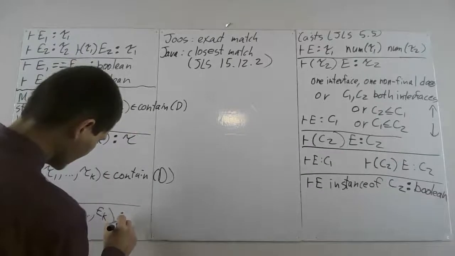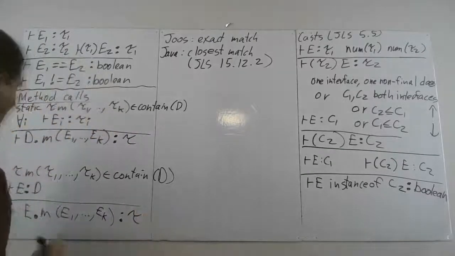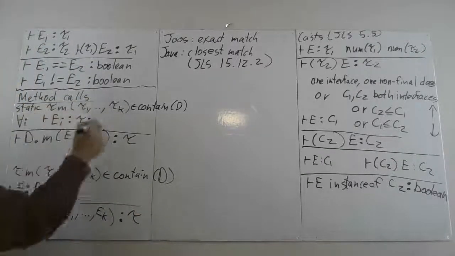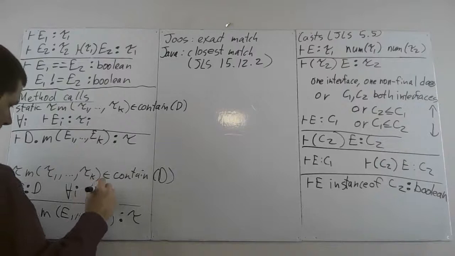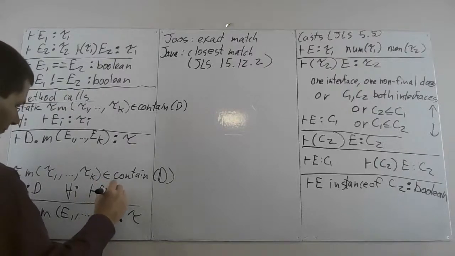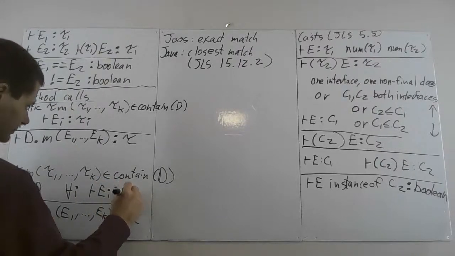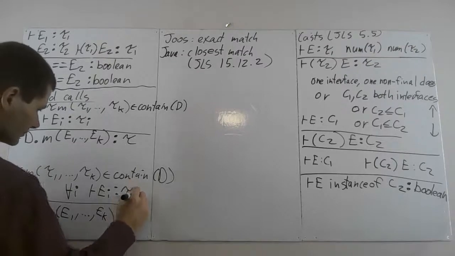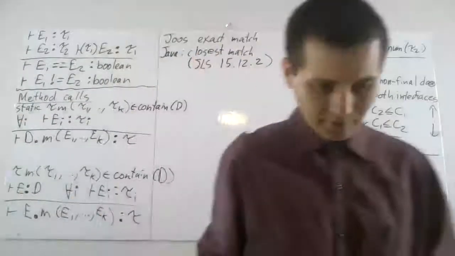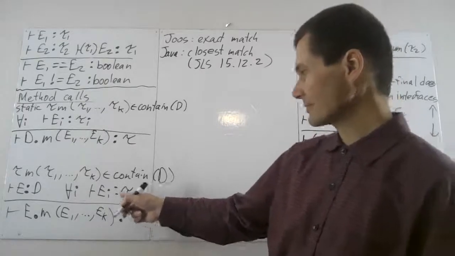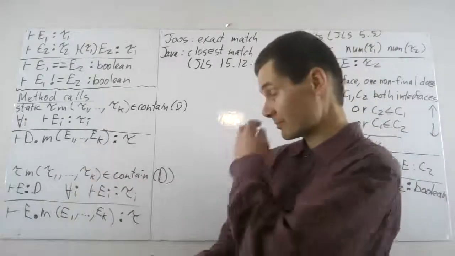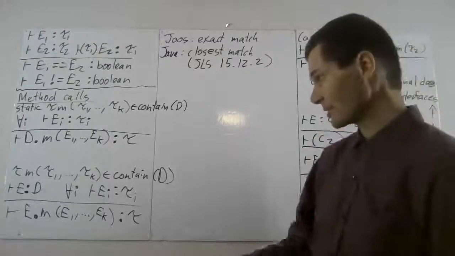So the return type is tau, and then I have the same check for the arguments having the correct parameter types.